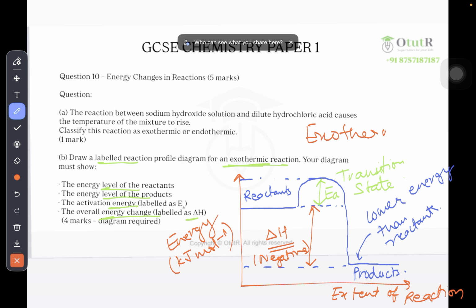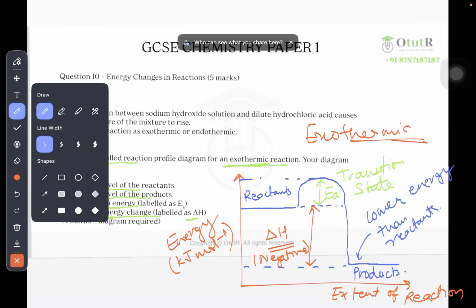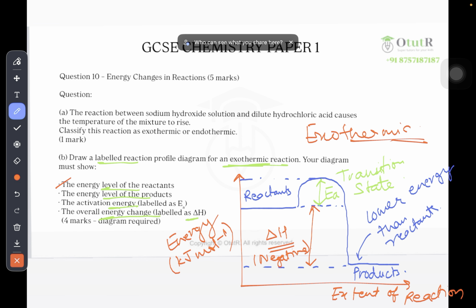So just label it as exothermic. And you are done with a well labeled reaction profile diagram for an exothermic reaction. It's a 4-mark question and you have labeled all 4 parts, so you'll get 4 full marks. 1, 2, 3, and 4.